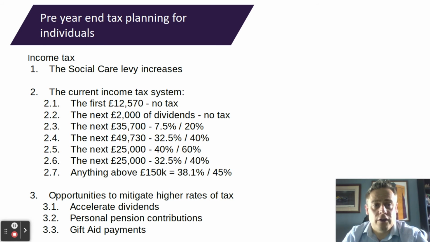Other things you could consider: personal pension contributions would extend the thresholds at which higher rates of tax apply. So at the moment, as we said, once your earnings go above £50,000, you start to pay the higher rates of tax. And once you go above £150,000, you start to pay the top rate of tax. If you made a personal pension contribution, let's say £10,000, then you get tax relief putting that money into your pension.